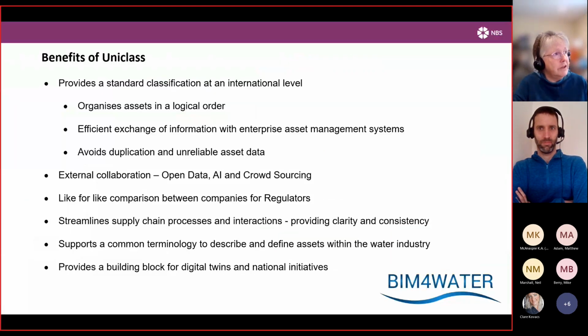So the benefit he identified of using Uniclass is that it helps you to organize things in a logical order. And I think one of the things that's become apparent to me as I've talked to the various different companies and at various different BIM4Water events is that you all have internally very good asset management systems, in terms of the fact that you're using things like Maximo or some of the other maintenance pieces of software, but that everybody has their own way of describing things.